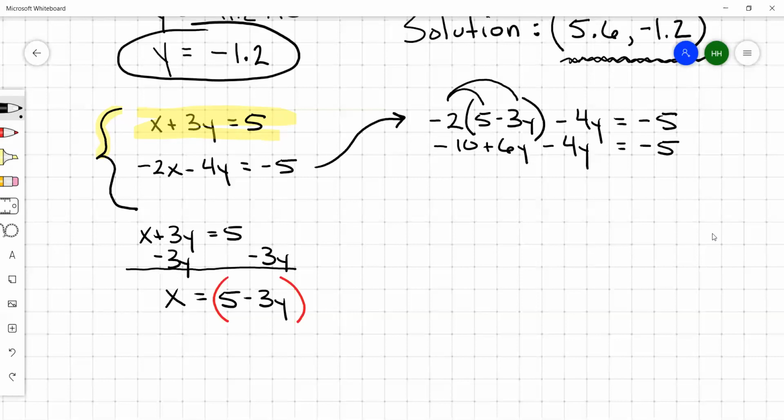Next, we can combine like terms. So our negative 10, we've got a positive 6y and a negative 4y. That's a positive 2y, and that's still equal to negative 5.